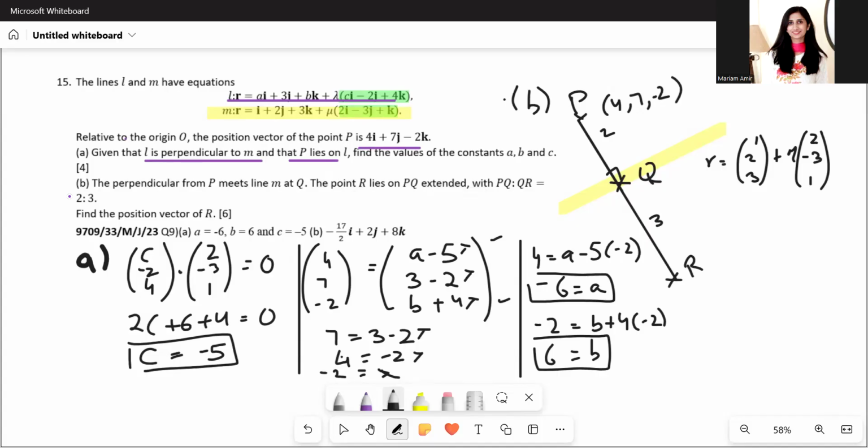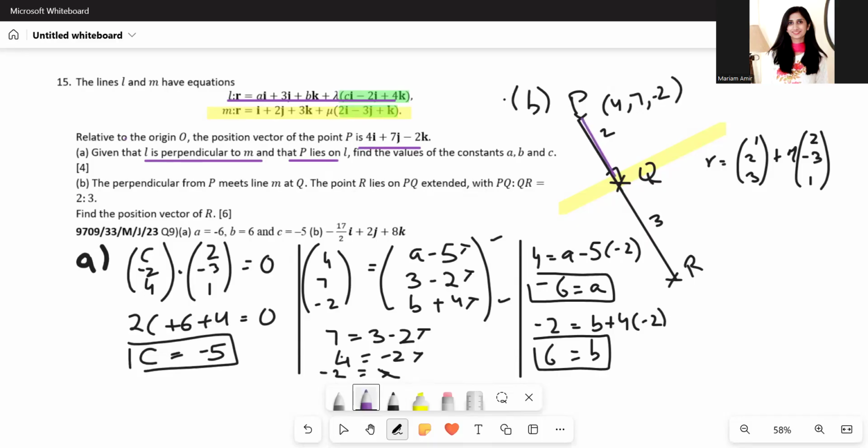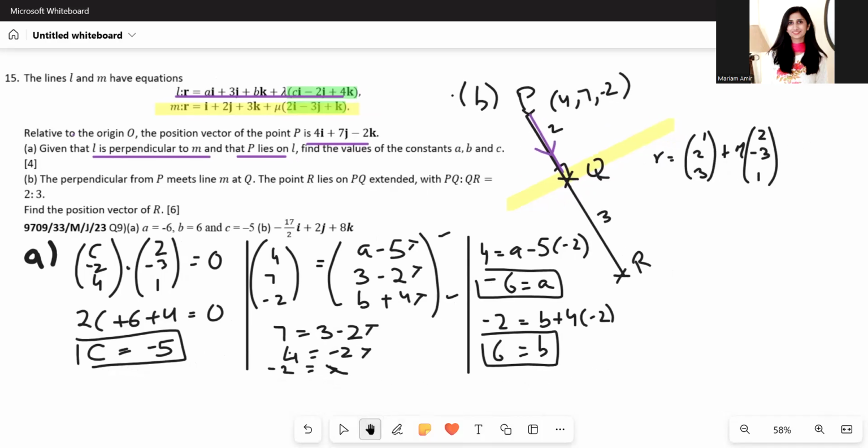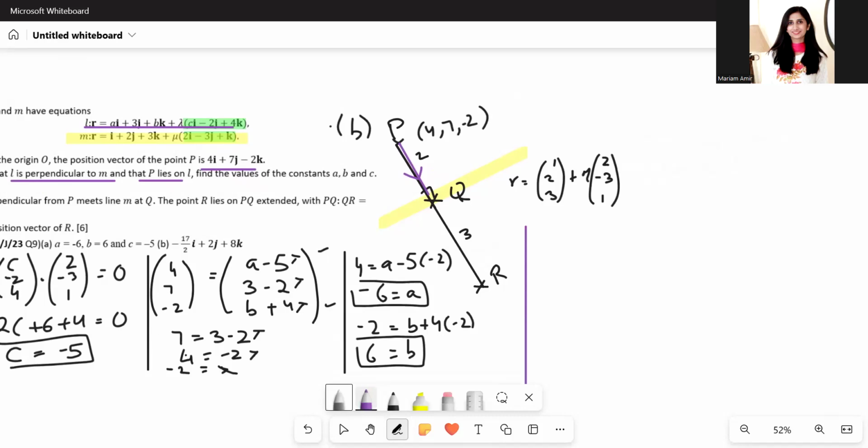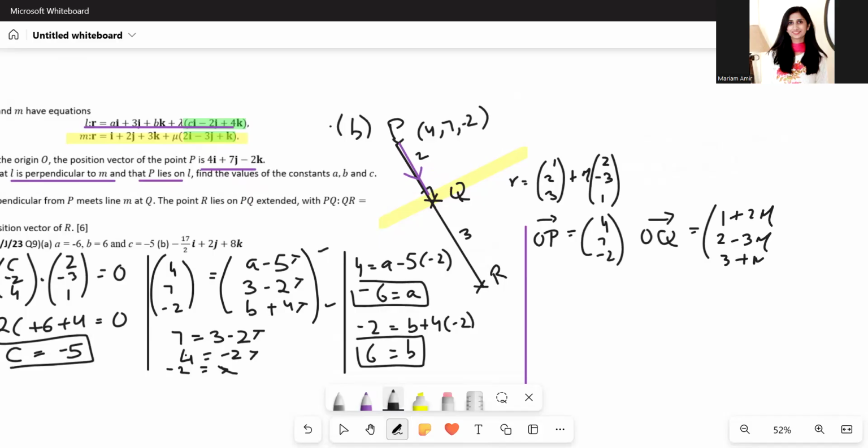All right. So the first thing we need to do is somehow find this vector. For that, we know the steps to find the foot of the perpendicular. Step 1 is to write down the position vector of P, which is (4, 7, minus 2). Then the position vector of Q, which is the foot of the perpendicular, and that is the same as the line it's passing through. So that will be (1 plus 2 mu, 2 minus 3 mu, and 3 plus mu).